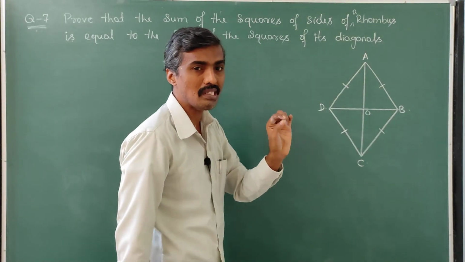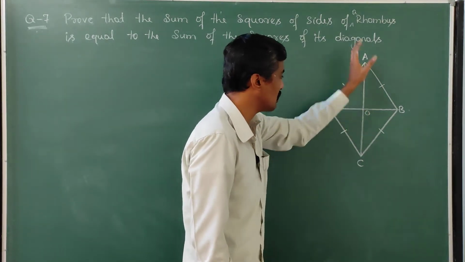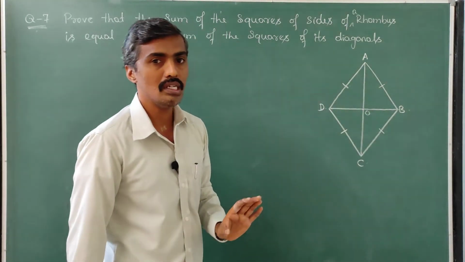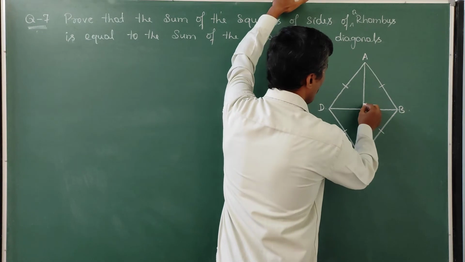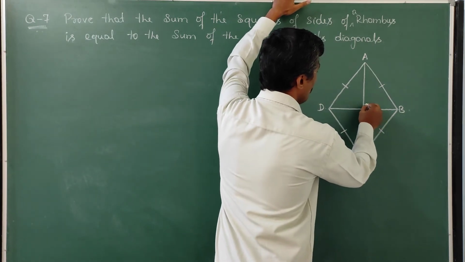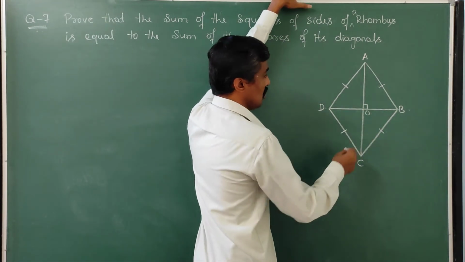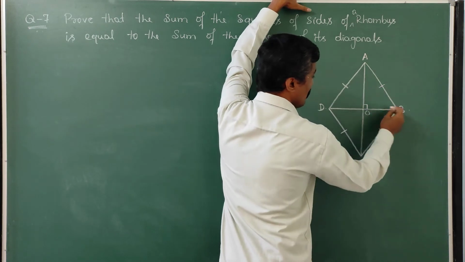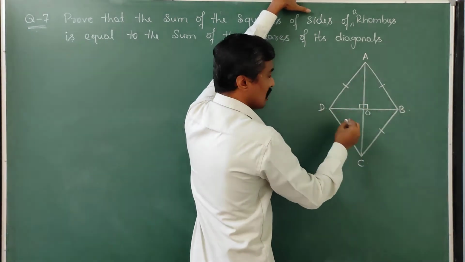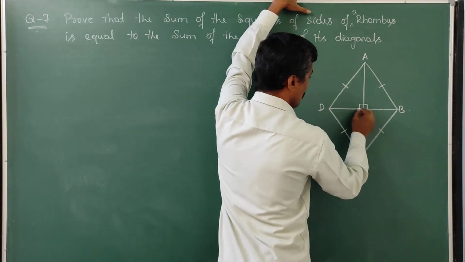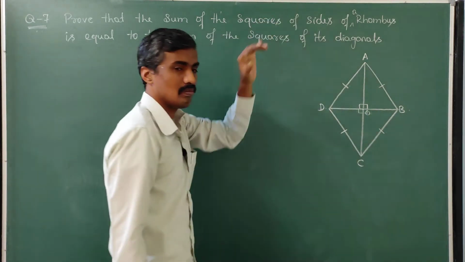O is the bisection point of the diagonals AC as well as BD. It not only bisects, it bisects perpendicularly. So the angle at O is 90 degrees. In triangle AOB it is 90 degrees, and in AOD it is 90 degrees. Similarly in the rest of the two triangles also it is 90 degrees.